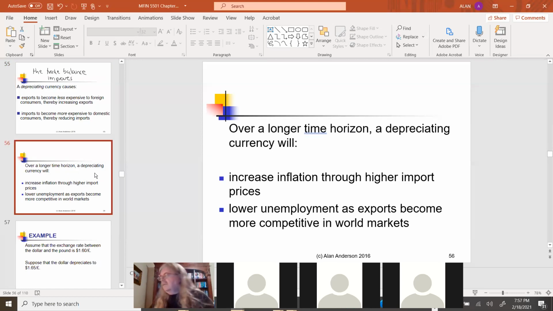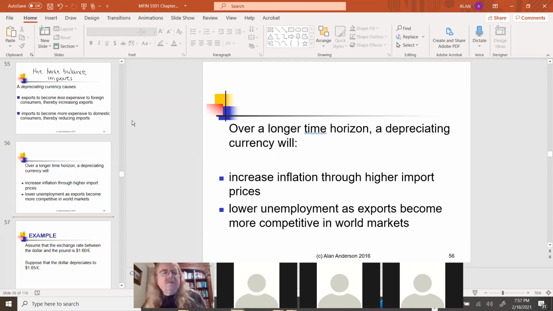But in the long run, you'll see that there are other effects that we have to think about, among them being, number one, yes, our unemployment rate will drop because we'll have more exports and fewer imports. But at the same time, though, we're going to wind up with more inflation because our import prices are rising. Okay, so those are the things we have to take into account.